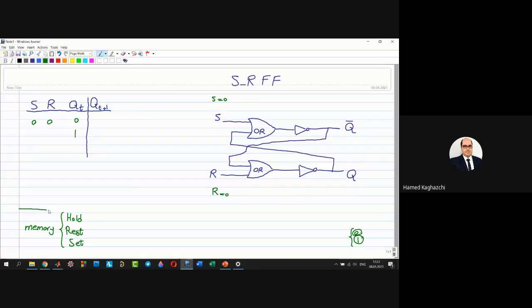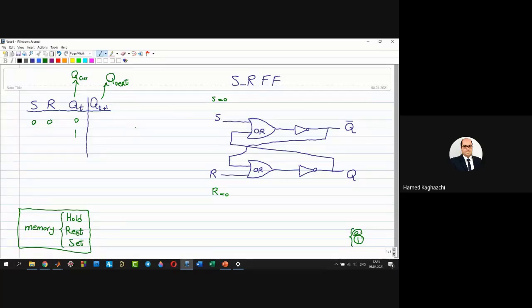Okay, according to this knowledge, I want to determine the output Qt plus 1. Or I can say for this one Q current and this Q next. Both of them are correct.